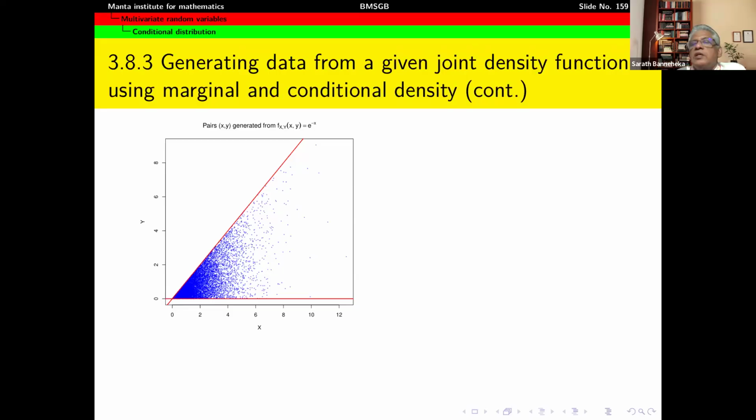You can first generate an observation from the marginal density function of y, and then generate the data from the conditional distribution of x given y. That is also possible, right? So use whichever way is mathematically convenient, because of course you have to find the marginal density function of one variable, and then find the conditional distribution of the other variable given the first variable, right?